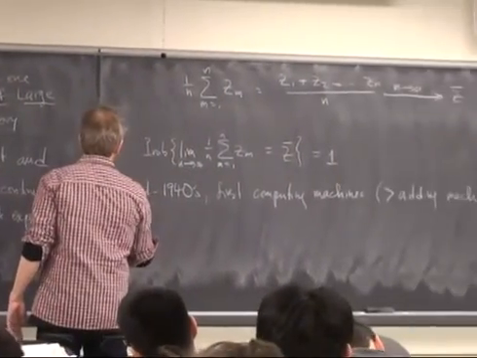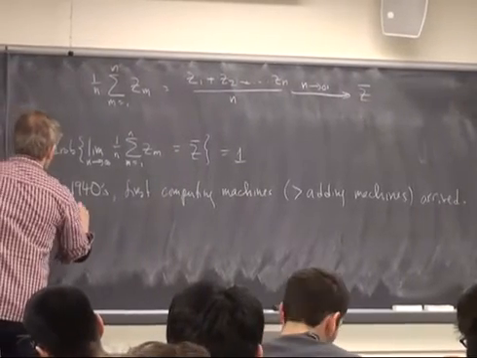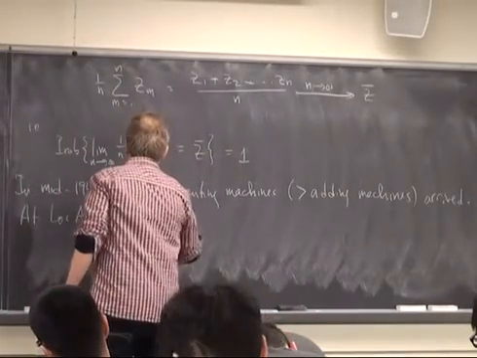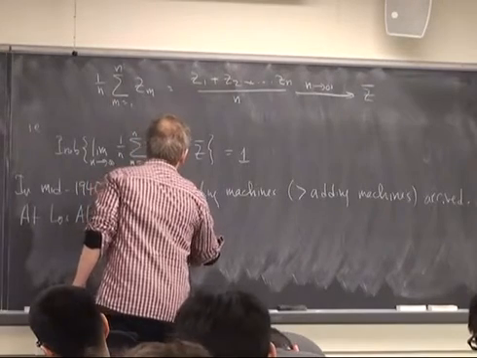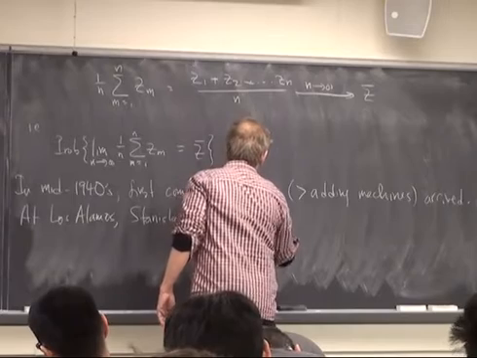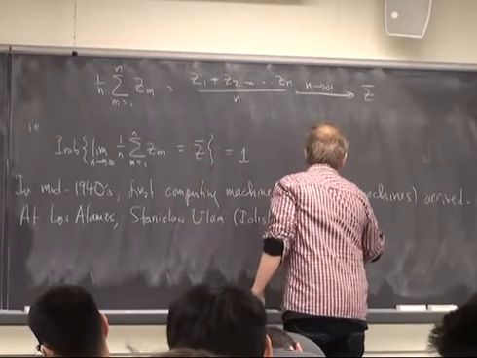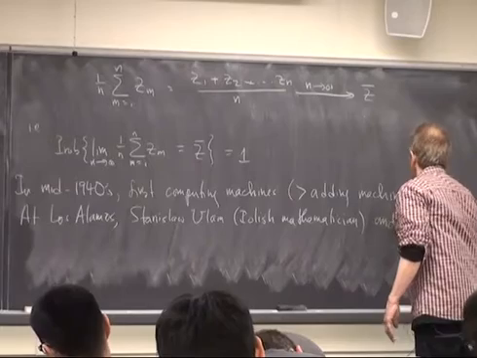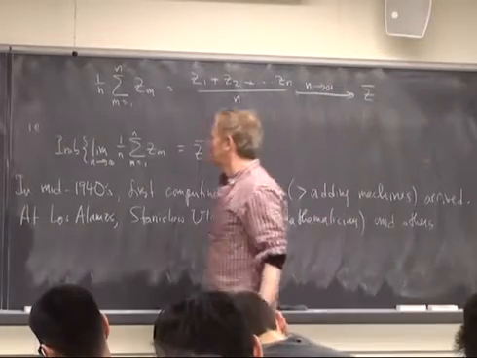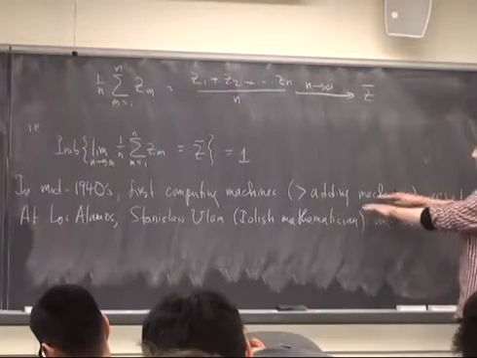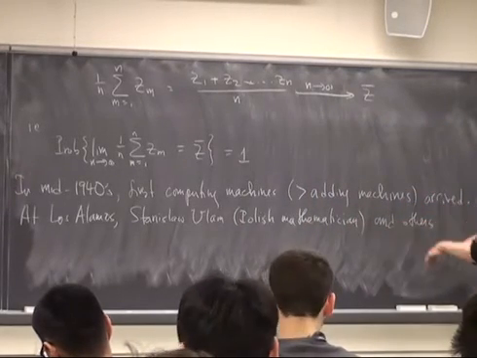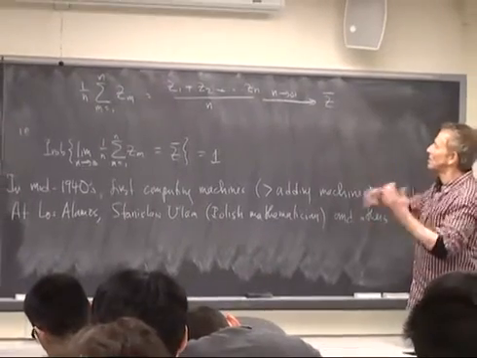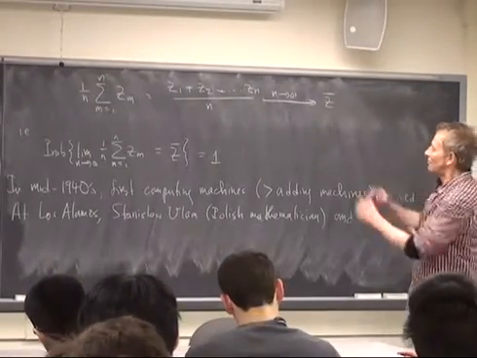Some of the mathematicians at Los Alamos, and in particular one guy, Stanislaw Ulam, a Polish mathematician, became intrigued by the possibility of using these new fast computing machines and their inherent ability to generate pretty good sequences of random numbers to do difficult calculations that involved random variables.